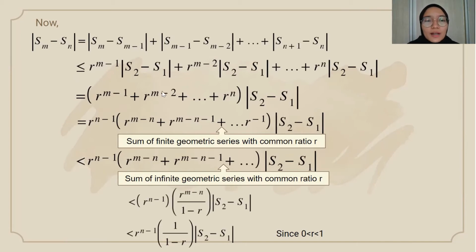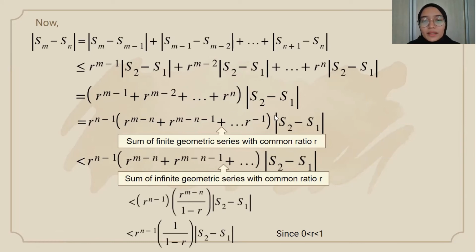Right, so we factorize out the r power, and we can have in the bracket r to the power of m minus 1 plus r to the power of m minus 2 until r to the power of n, and close the bracket, times S2 minus S1. So from this series of r, we factorize out r to the power of n minus 1, and in the bracket, we have only r to the power of m minus n plus r to the power of m minus n minus 1 until r to the power of negative 1 left in the bracket.